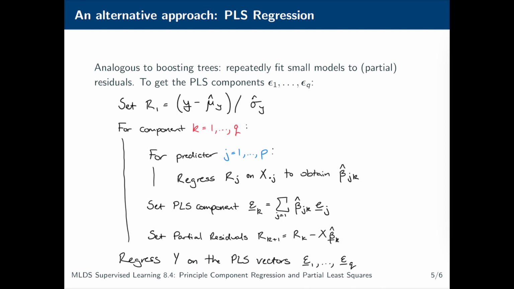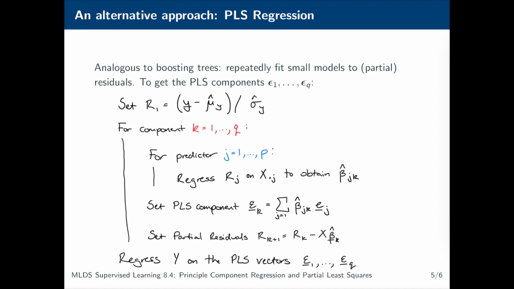To calculate the first component, we then consider each predictor j in turn, and regress r_k on the jth covariate to obtain an estimated regression coefficient. We're going to do this for all p predictors, and then set our partial least squares component vector to be the weighted sum of our original basis vectors times each of those regression coefficients.